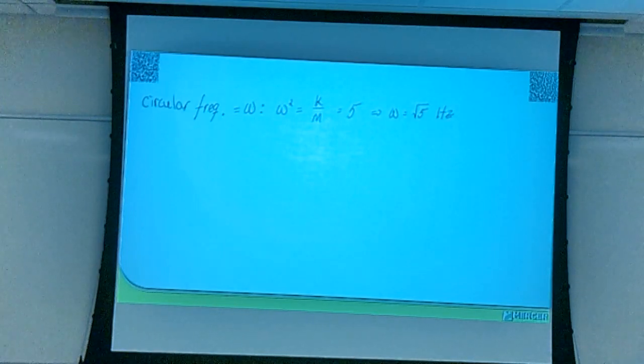Omega is root 5 hertz. We always take the positive root, right? A negative frequency doesn't make any sense.